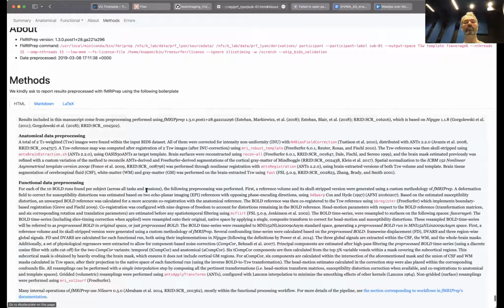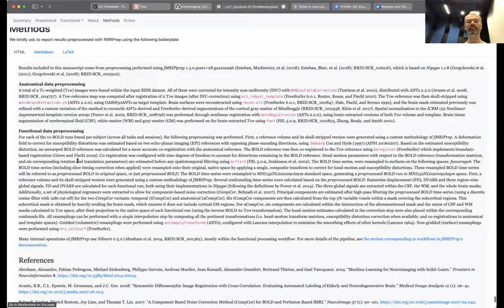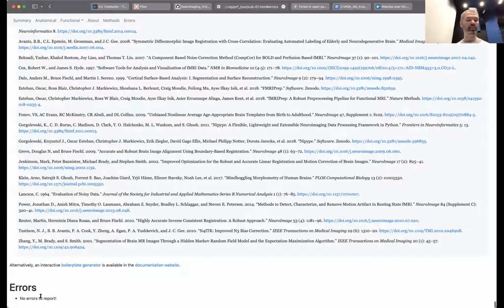You can ask it about the methods, and it gives this entire explanation about the different methods that it employed. So people just copy paste this into their paper. That's easy too, right? You don't have to write your own pre-processing method section. That's always a lot of work, and that's been done for you. And then you can check whether there are errors. And in this case, there are no errors to report, but if there were, you would definitely see them there.